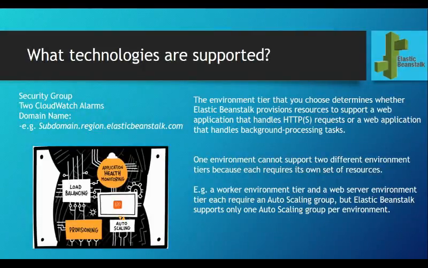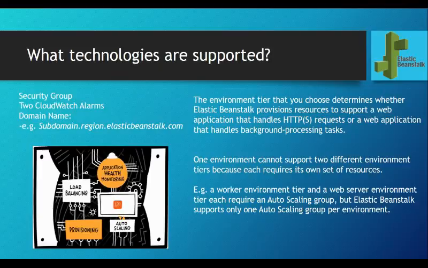Some other things that are important to note is that Amazon's Elastic Beanstalk also has a security group to restrict access to certain things. It also has two CloudWatch alarms to manage and monitor the application. You also get a domain name, and in this example you see here, it goes by subdomain.region.elasticbeanstalk.com, so you know how to access it.